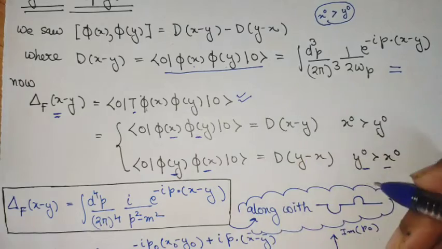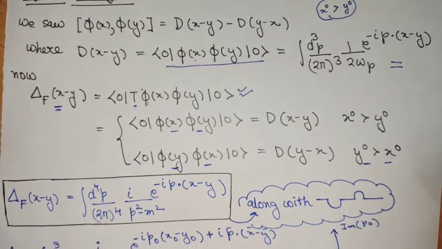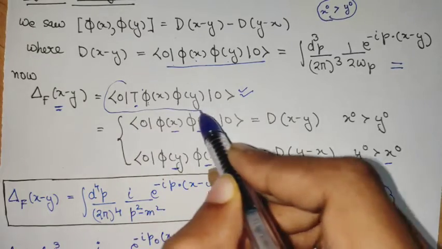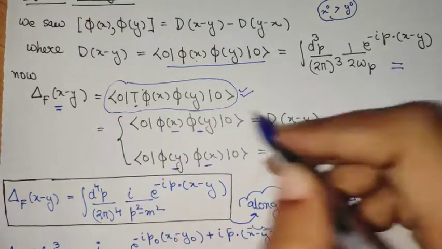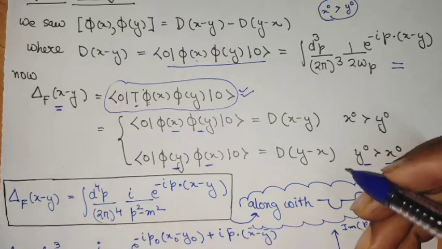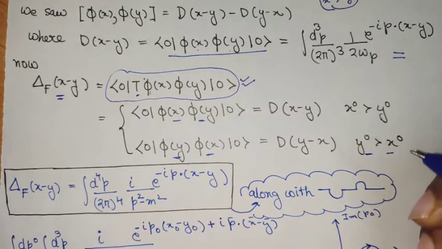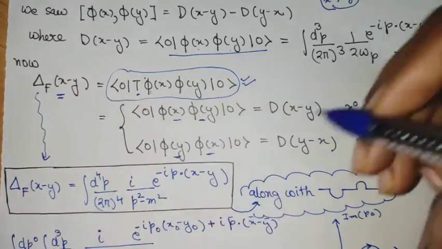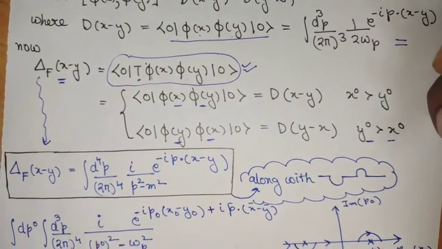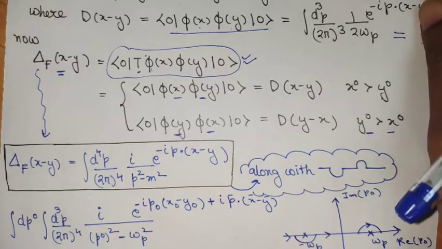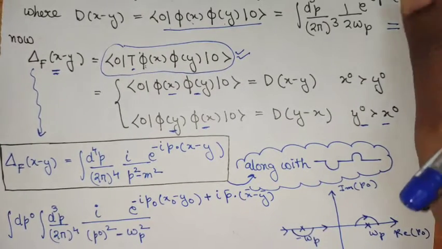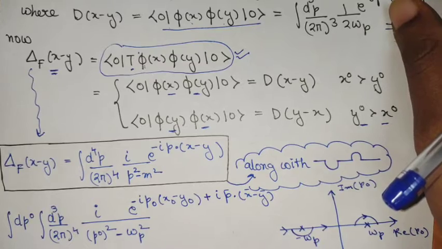Now this Feynman propagator is defined in this time-ordered fashion, but this is difficult to handle while doing calculations, so we seek a different definition of the Feynman propagator in terms of an integral. But you see there is something much deeper. The Feynman propagator turns out to be the Green's function of the Klein-Gordon equation.